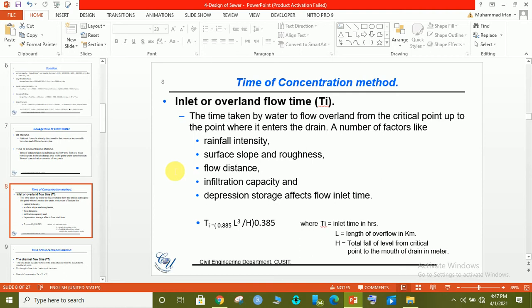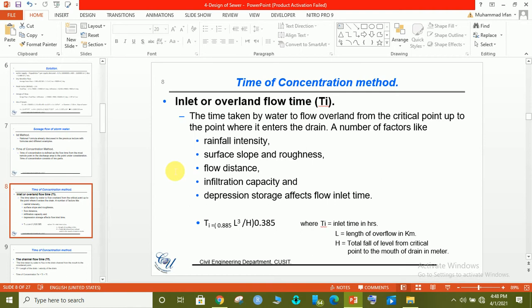So this is the typical definition of time of concentration when the rainfall occurs and produces runoff from a critical point.